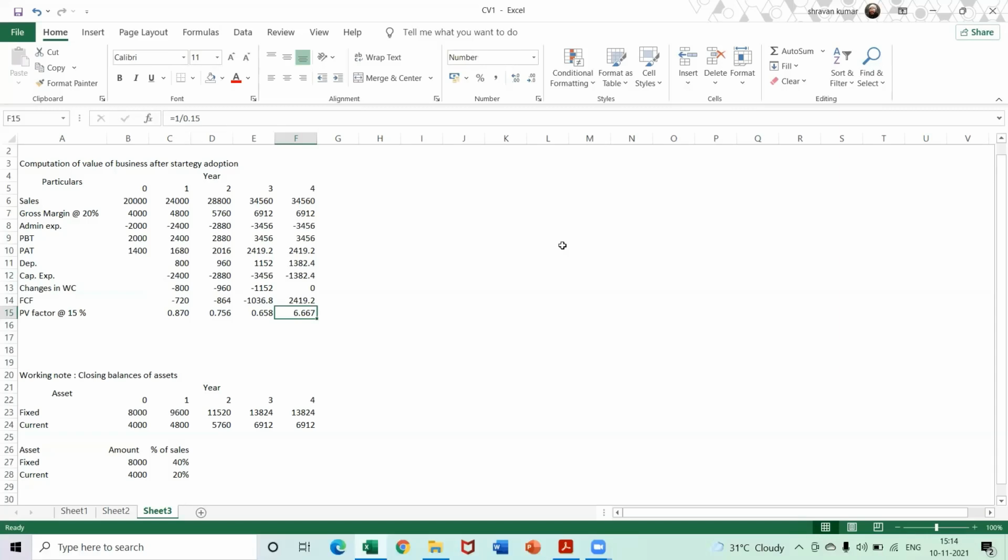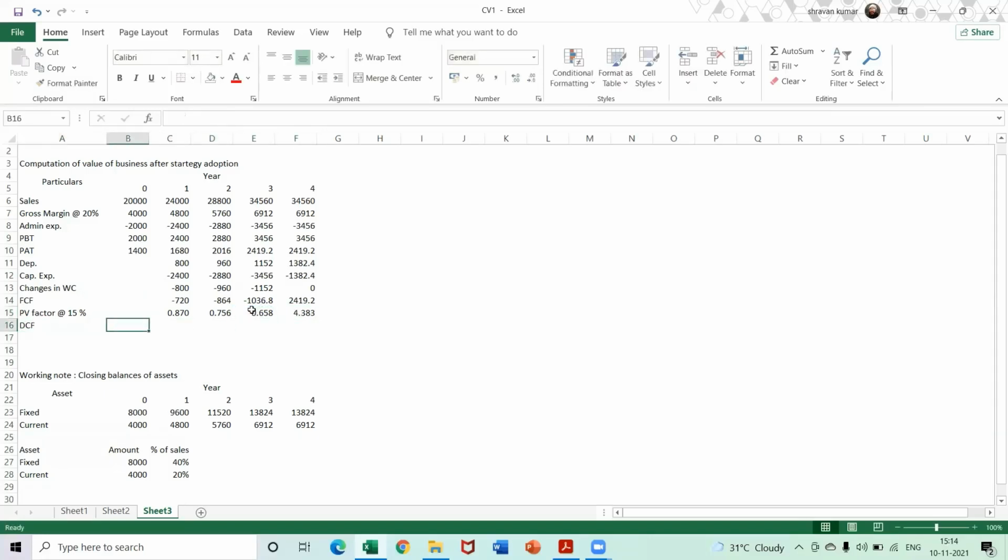Now since this value is at the end of third year and it has to be brought to year 0, what do we do? We multiply this by the PV factor at year 3, right?